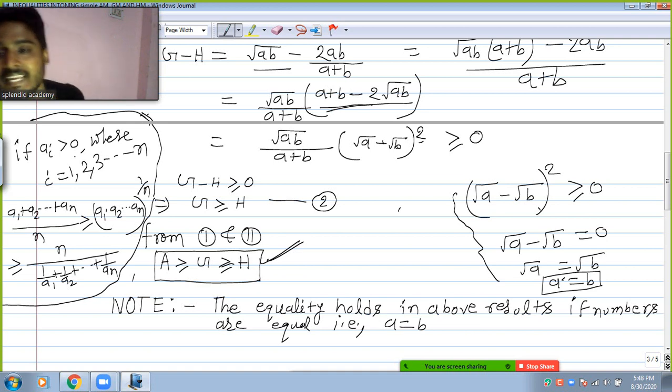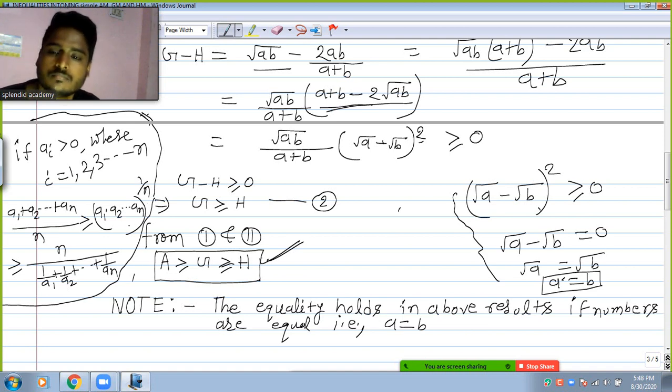Now applying AM-GM on these n positive numbers, I can write (a1 + a2 + a3 + ... + an) upon n is greater than or equal to (a1 a2 a3 ... an) to the power 1 upon n, because these are n numbers. And HM is n upon (1 upon a1 + 1 upon a2 + and so on up to 1 upon an).